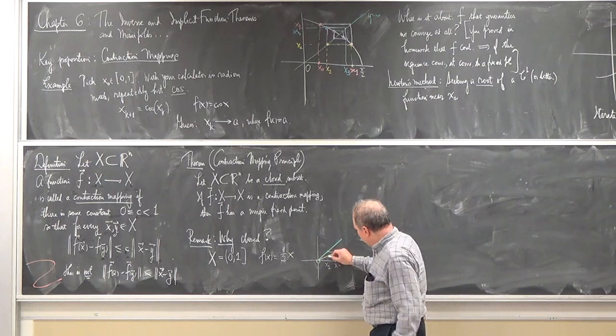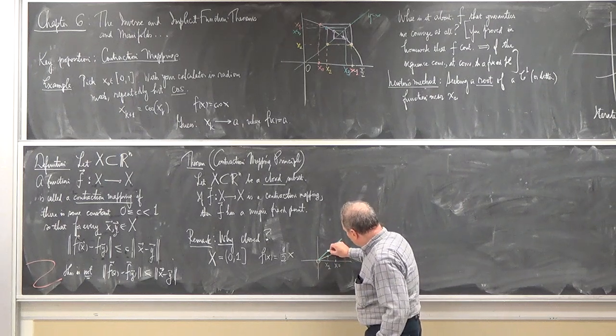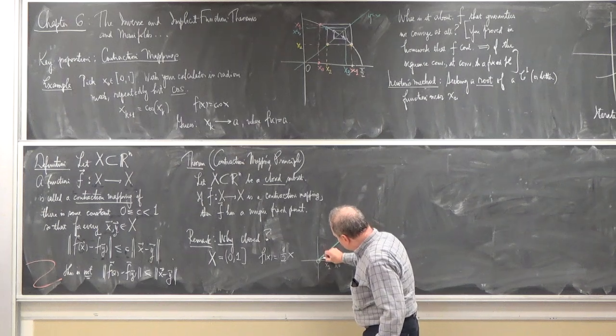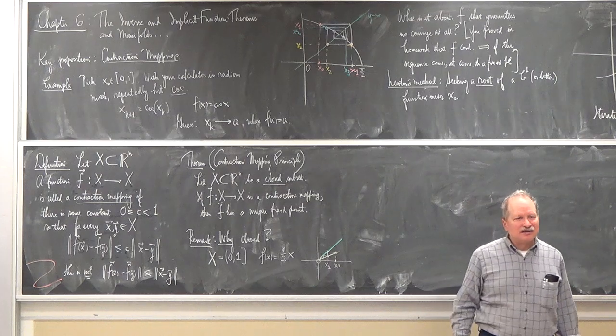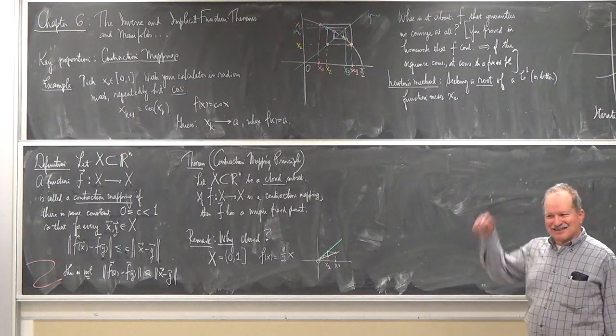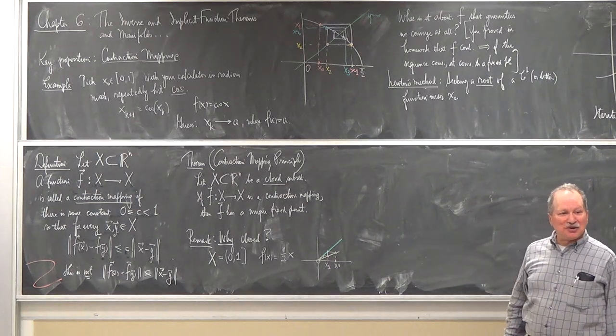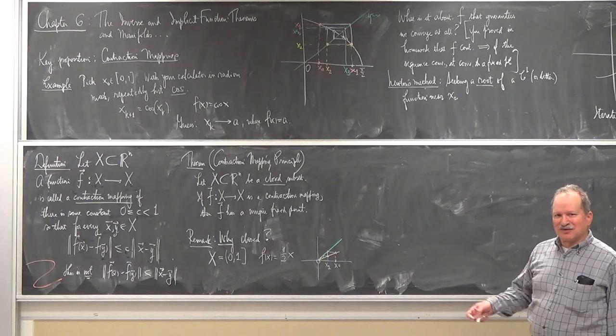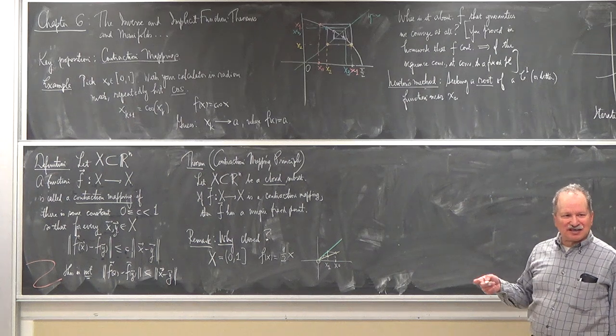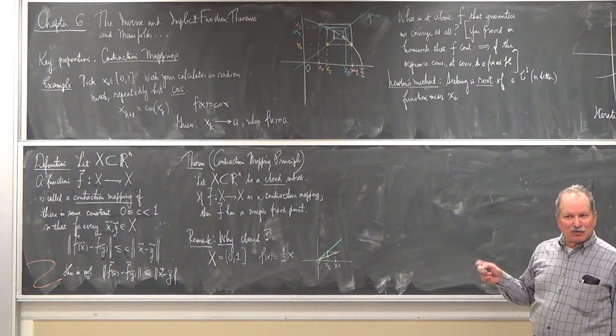Now you do f of x1, that puts you here, so you go down, and then you go over, you go down, and you go over. So instead of the spider web, it looks like a staircase going to 0, which ain't there, because we destroyed closedness by removing 0.